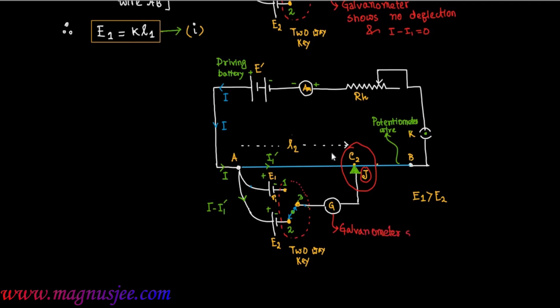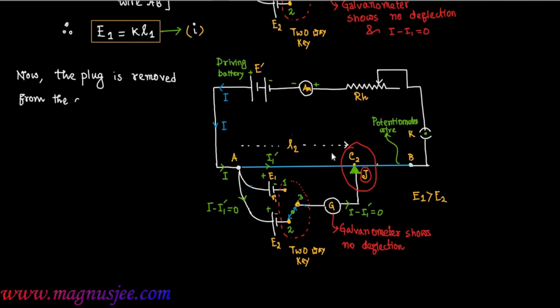As the galvanometer shows no deflection, the current I minus I1 prime will be 0. That means the current flowing through the arm AE2C2 will be 0.